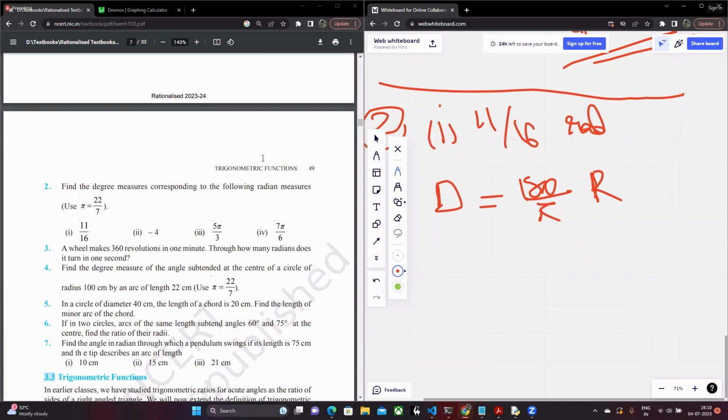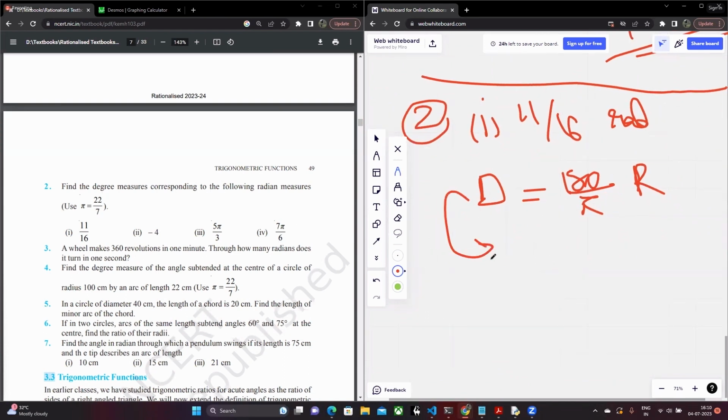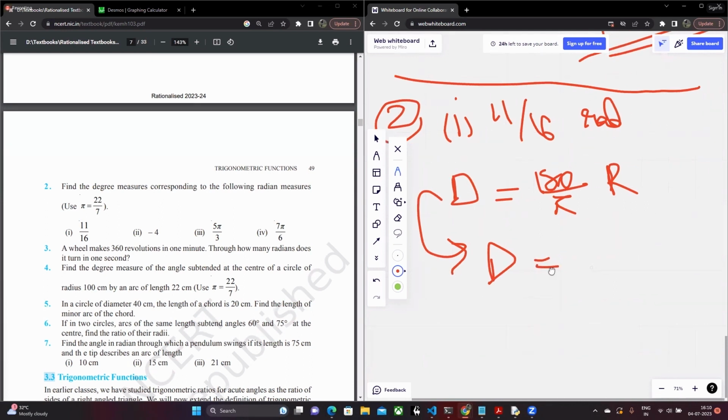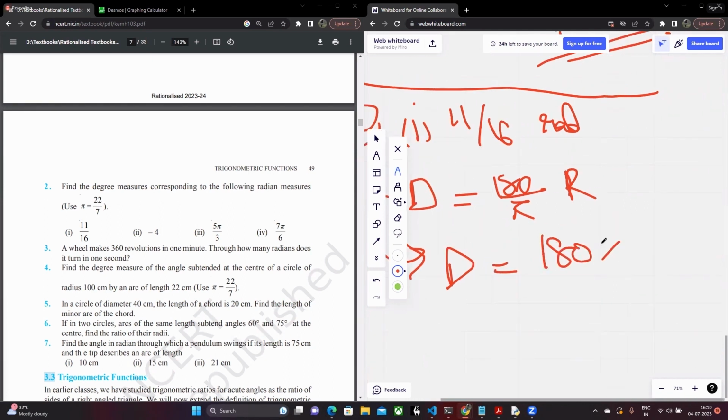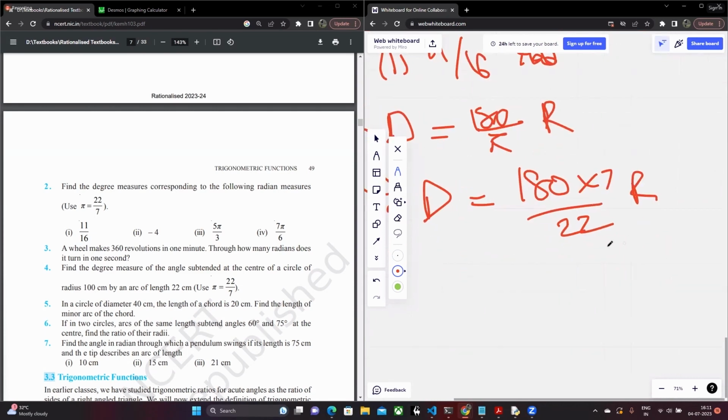Since I've been given that pi is 22 by 7, I'll condense this formula to write degree measure is equal to 180 times 7 divided by 22 into R, right? And I'll cut a 2 over here because I want to simplify things for me. So this is going to be 9 sevens are 63. That's 630 divided by 11 into R.